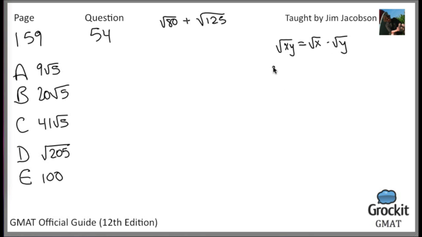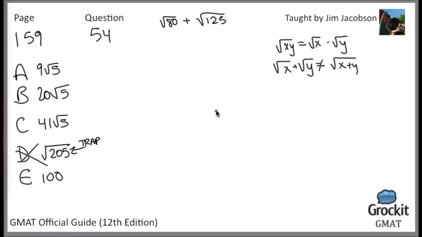But if you have the square root of x plus the square root of y, that does not equal the square root of x plus y, which is what we have in this case. So we can't simply add together 80 plus 125 and get 205. That's this trap answer right here. It's not that easy. So not choice D.